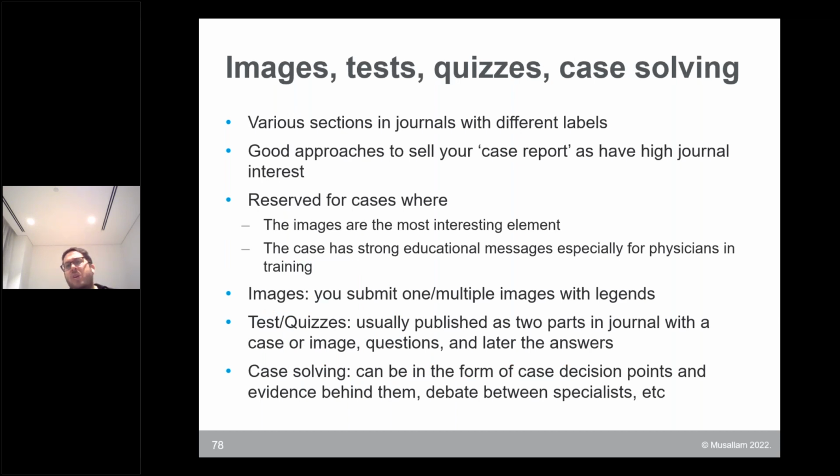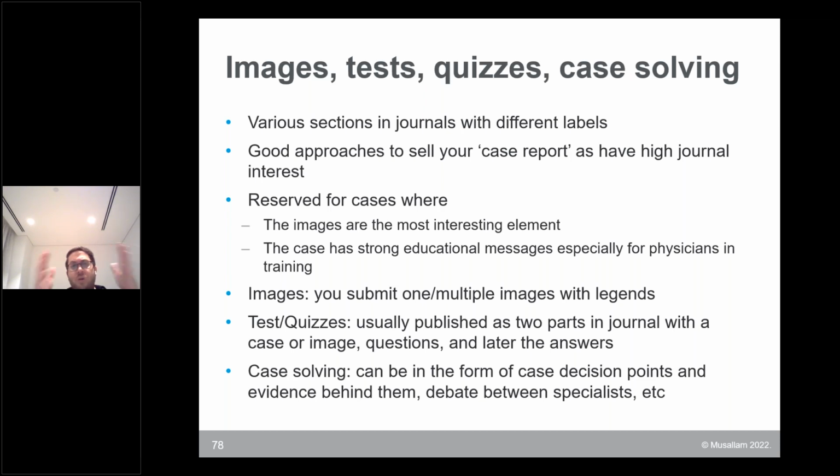They usually work mostly for case reports, because if you're not able to publish your case report in a good journal, it might be that you shouldn't be looking for a case report section, but rather for images, for example. Maybe in your case, the most important thing is this nice CT scan that shows something magnificent. So you can just submit it as an image section in the journal, with a legend.